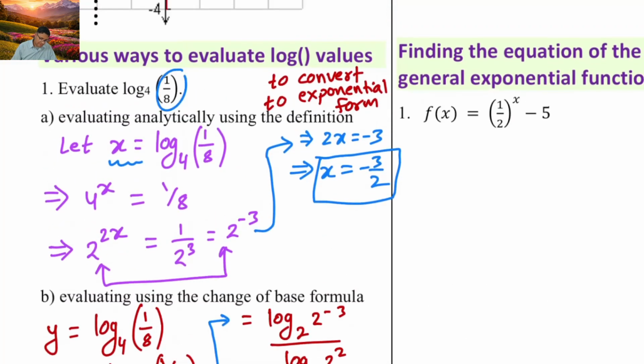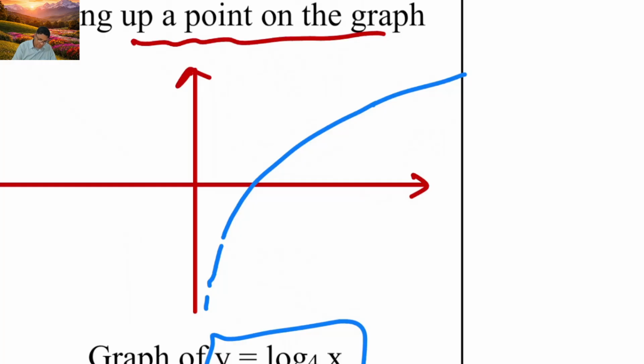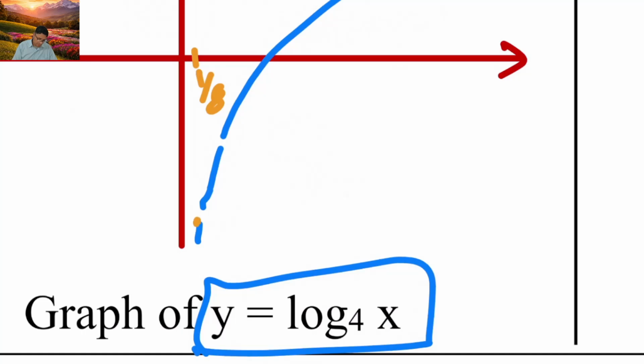1/8, right? So on the graph, you should go to where x is 1/8, and now that's going to be challenging. So you have to zoom in, zoom in, zoom in until you reach 1/8 on the x value, and then go to the corresponding point on the graph.